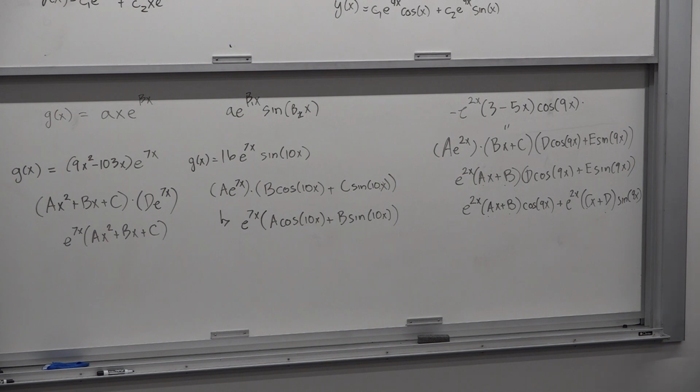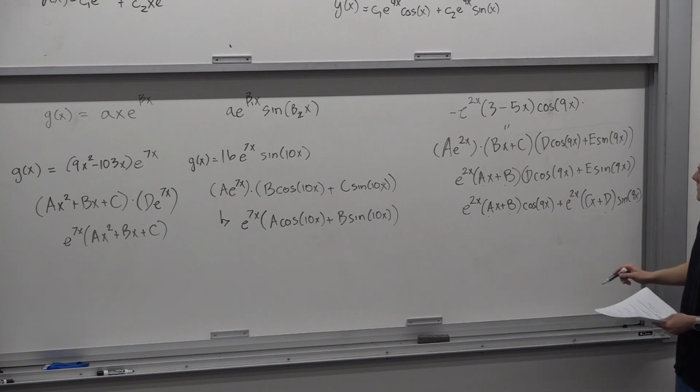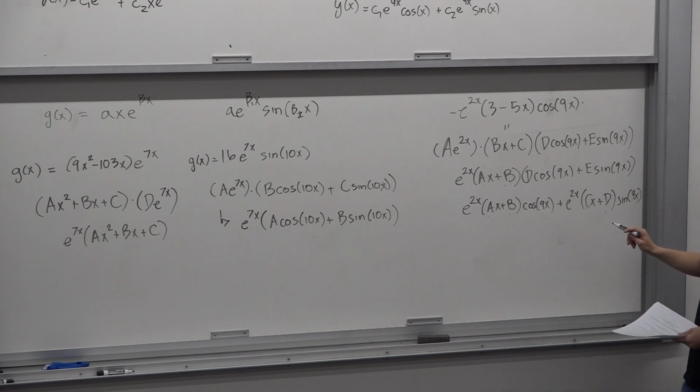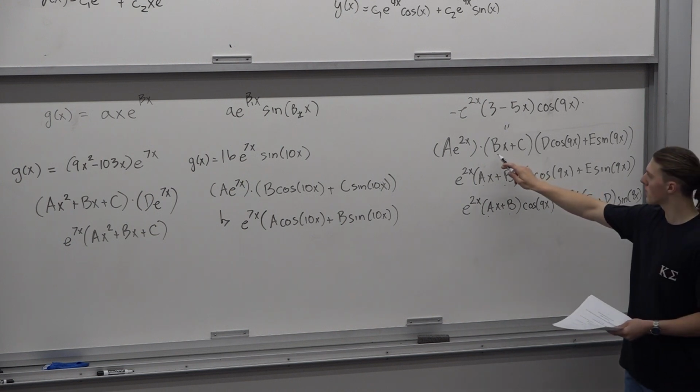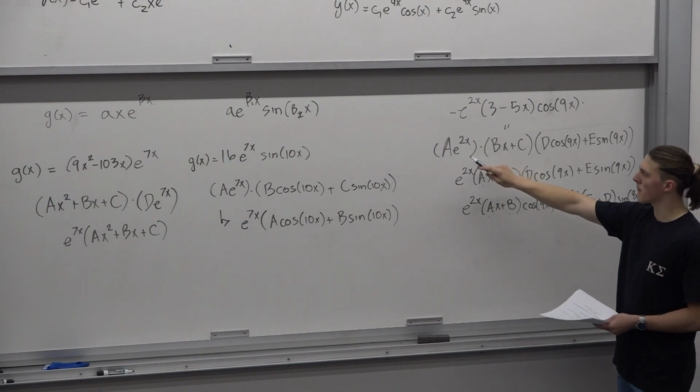Wait, so two questions. One, where did c go from the second to last line? Shouldn't it be cd instead of de? From here to here. Yeah. So I'm just renaming this.